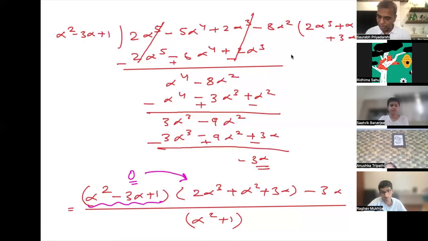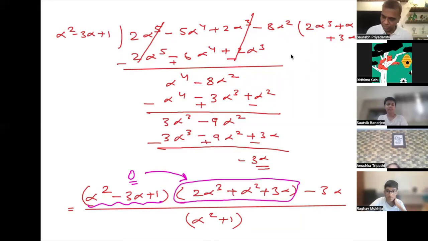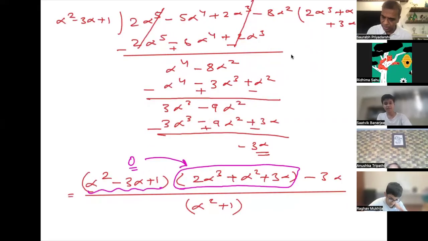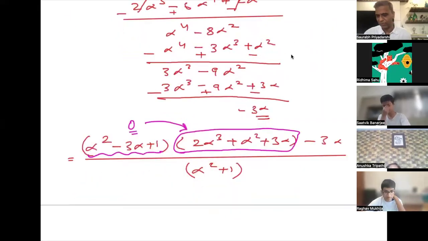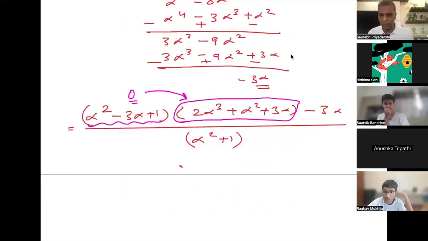So what I'm getting? Minus 3 alpha by alpha square plus 1. And we have one result, right? What is that? Alpha square plus 1 is 3 alpha. So this is minus 3 alpha upon 3 alpha, cancelling out, getting minus 1.